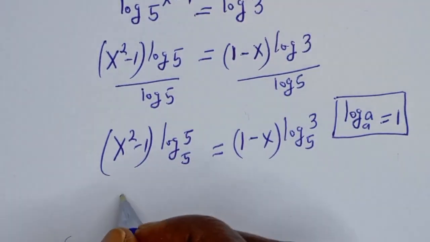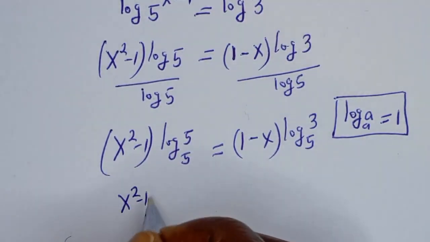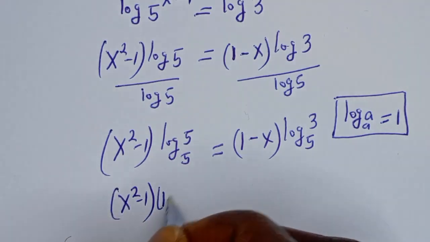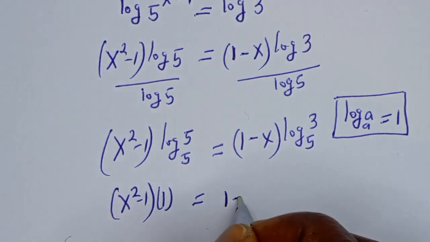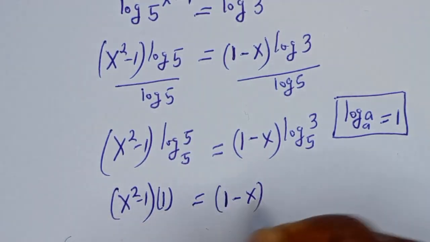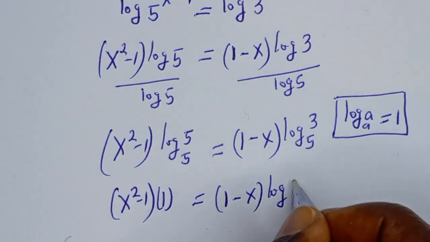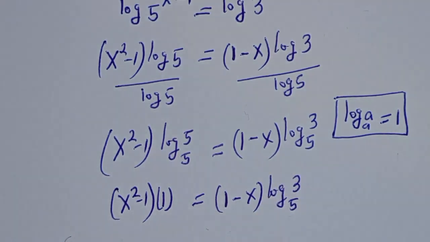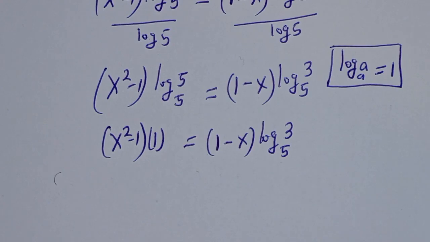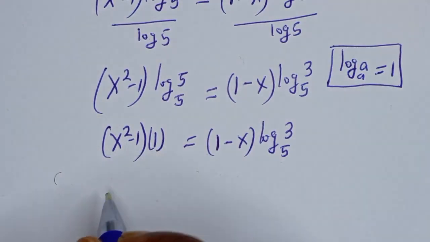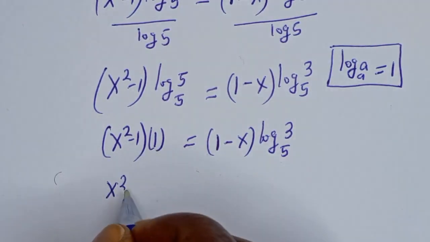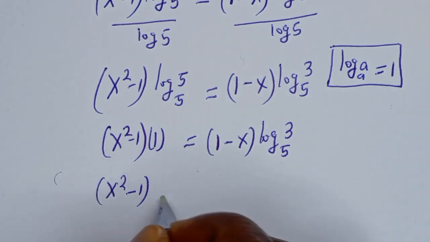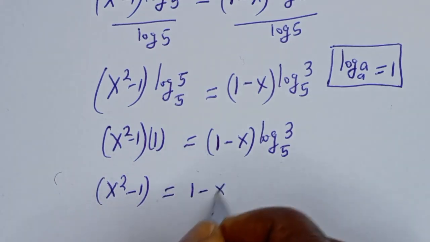Then this can be written as s squared minus 1 multiplied by 1 is equal to 1 minus s log 3 base 5. S squared minus 1 multiplied by 1, this is s squared minus 1 is equal to 1 minus s log 3 base 5.